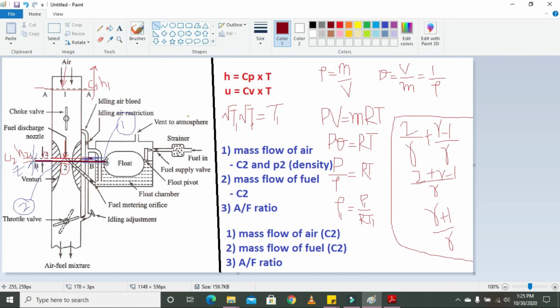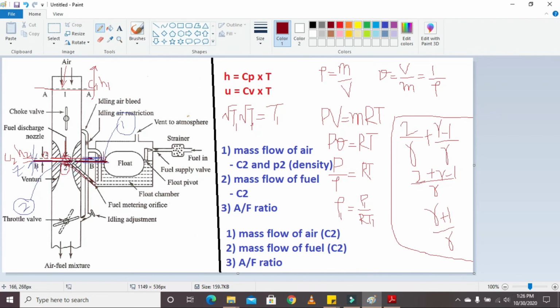It will never be, means this nozzle will never be below, means it will not be like this here. If it is below the float chamber level, there will be some dripping effects, means pressure is exerting on this section, so there will always be some fuel which is going outside this fuel metering orifice.